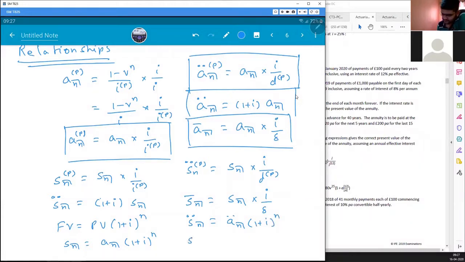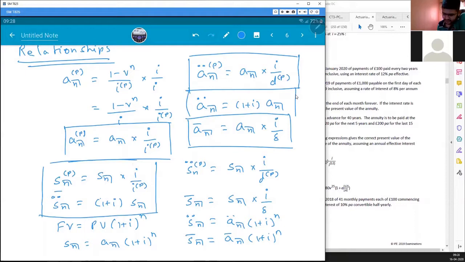We'll have s-bar-n and a-bar-n, and you can relate the others as well, जो भी जिसमें भी convert करना है, but these are the basic relationships.